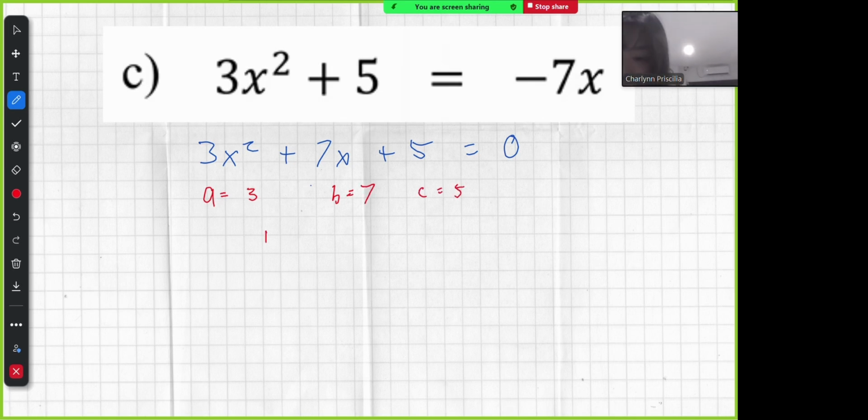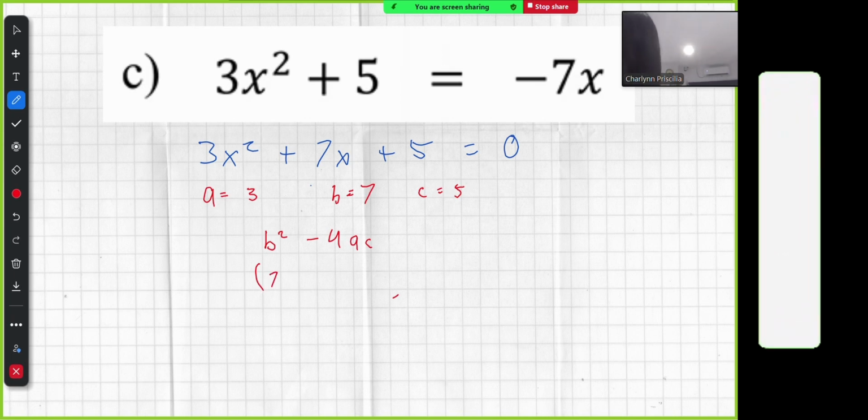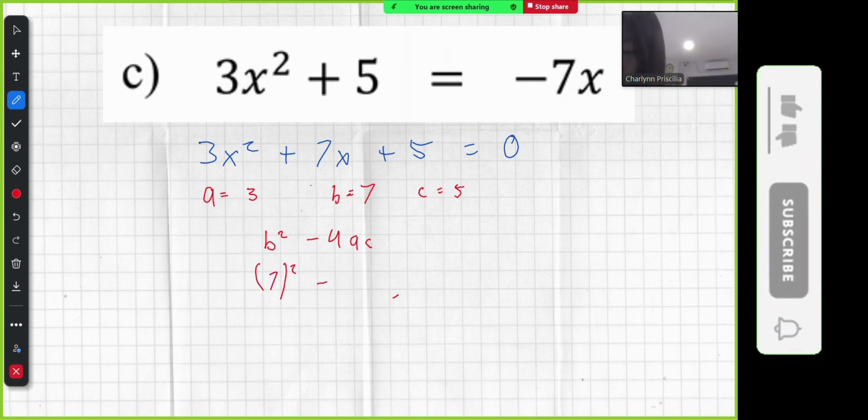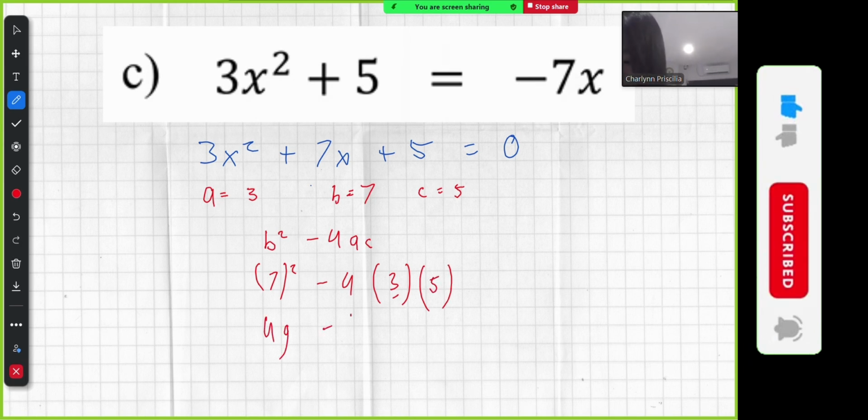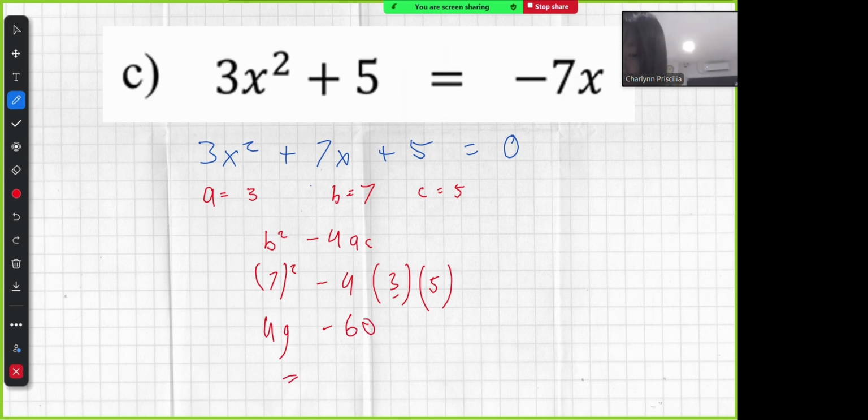We'll use the same formula as always, b squared minus 4ac. That's basically 7 squared minus 4, where A is 3 and C is 5. So 7 squared is 49, minus 60. The total will be -11, and it's smaller than 0.